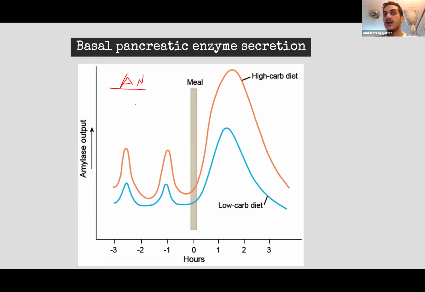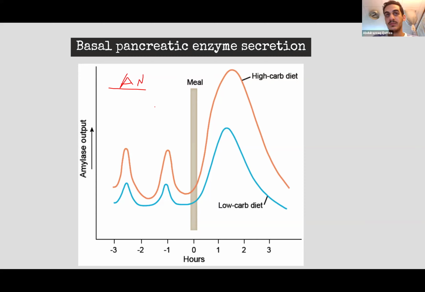And why is that happening exactly? Because in your body there is a rhythm, like every 90 to 30 minutes, the body will start to make the GIT, the gastrointestinal tract, move and secrete enzymes.